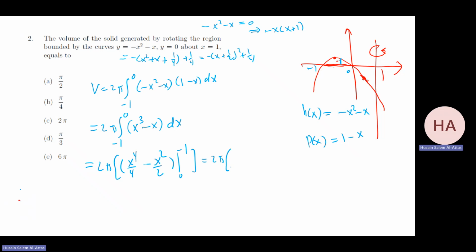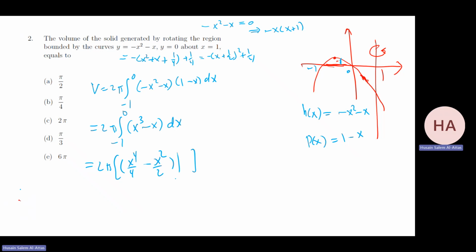That will be 2 pi times 1 over 4 minus half. Is it? No, wait a minute. What am I doing? It's from 0 to minus 1. Yeah. Why change it? This is from minus 1 to 0.